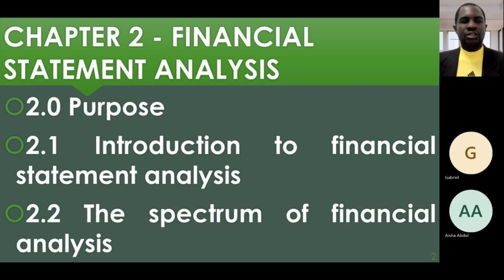So by way of introduction, the first unit is the purpose. We'll be looking at the purpose of financial statement analysis. Then the second unit, introduction to financial statement analysis. We'll also look at the spectrum, that is the various ranges and interrelation of financial statements to other subjects.